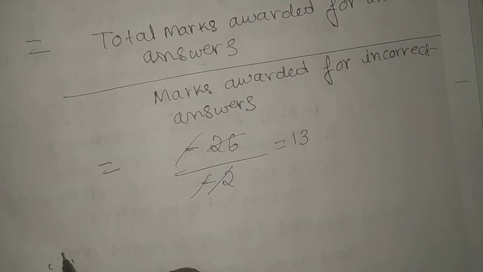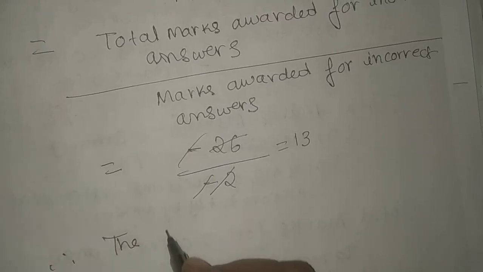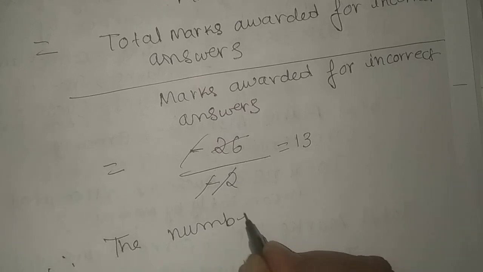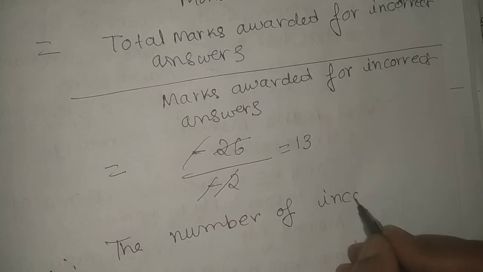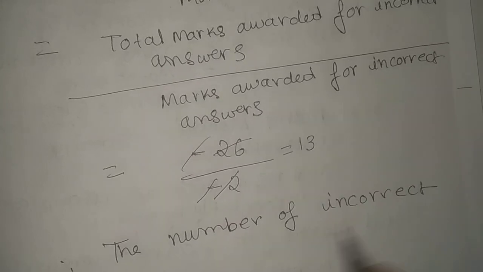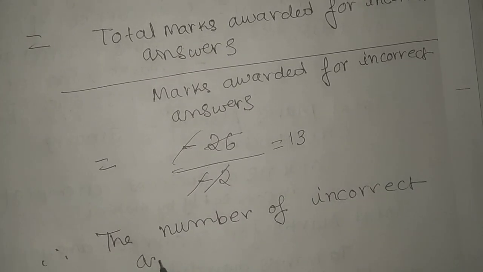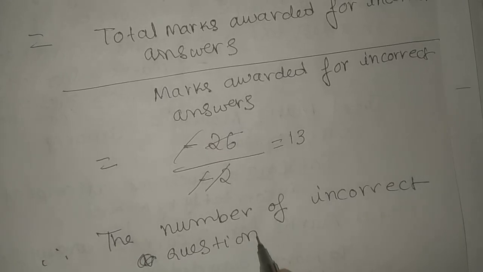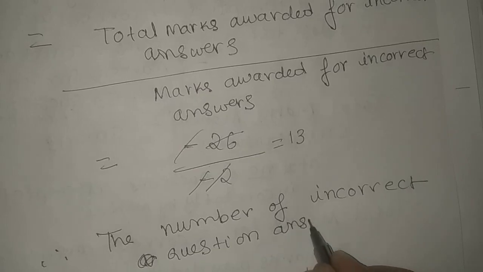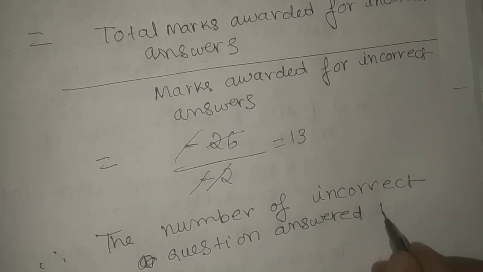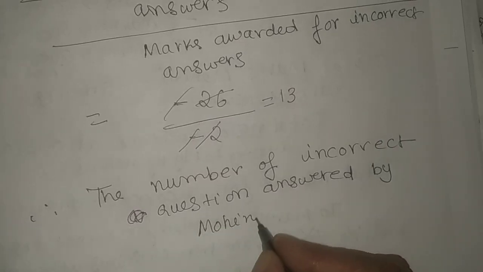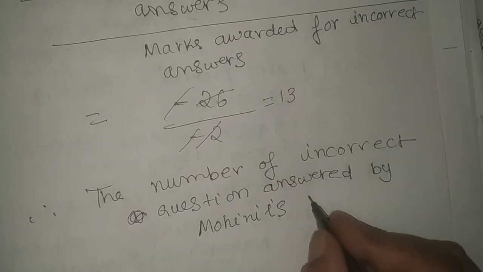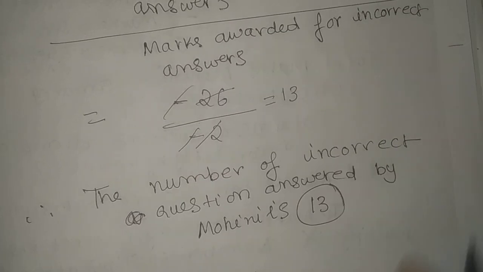Therefore, the number of incorrect questions answered by Mohini is 13. This is the final solution of this question.